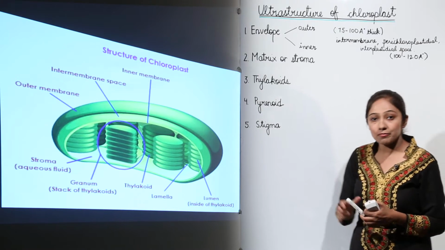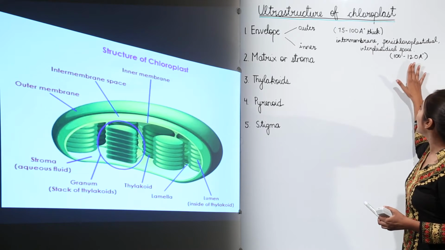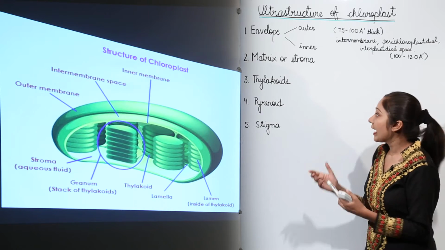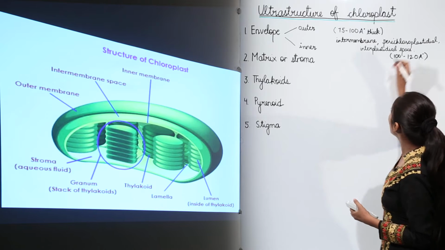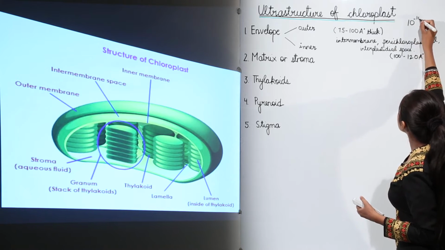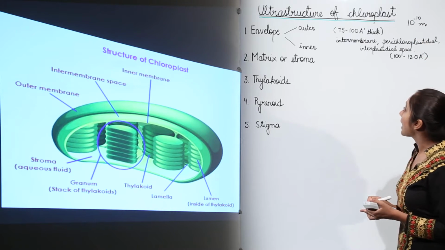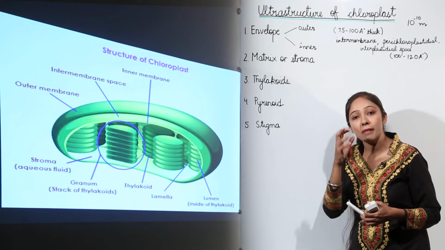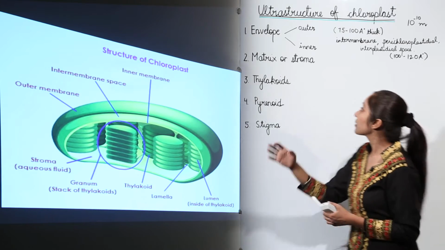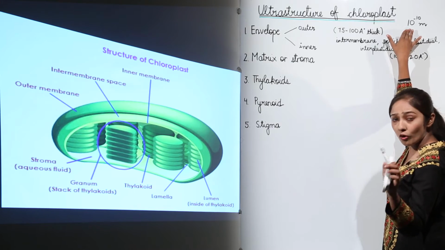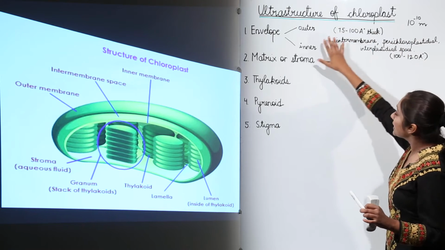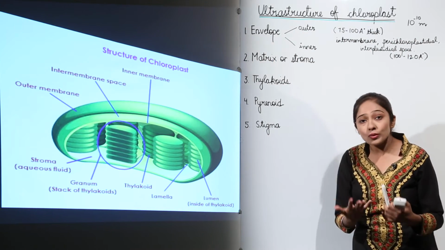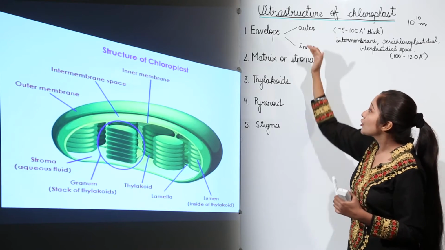This space can be around 100 to 120 angstrom thick, and you know that 1 angstrom is equal to 10 raised to power minus 10 meters. Just remember this is for your general knowledge. When we talk about the envelope of chloroplast, it has two membranes.